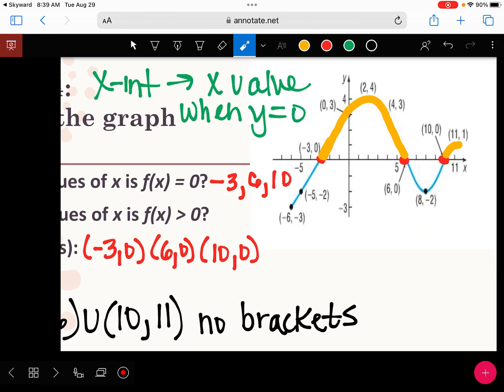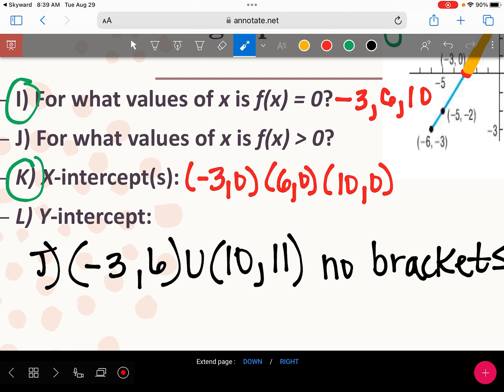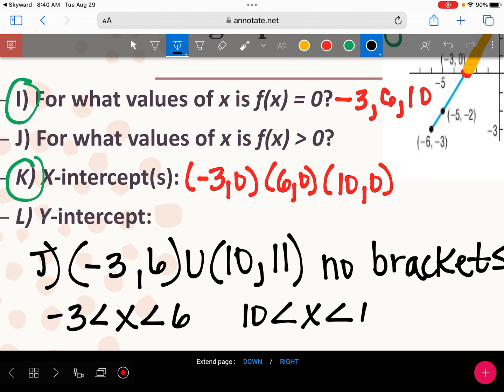So when we write it that way, it's the same as saying that x is positive between those numbers. I'm going to write it the old-fashioned way. It's not positive at these numbers. It's positive between these numbers, which is why we don't use a bracket.